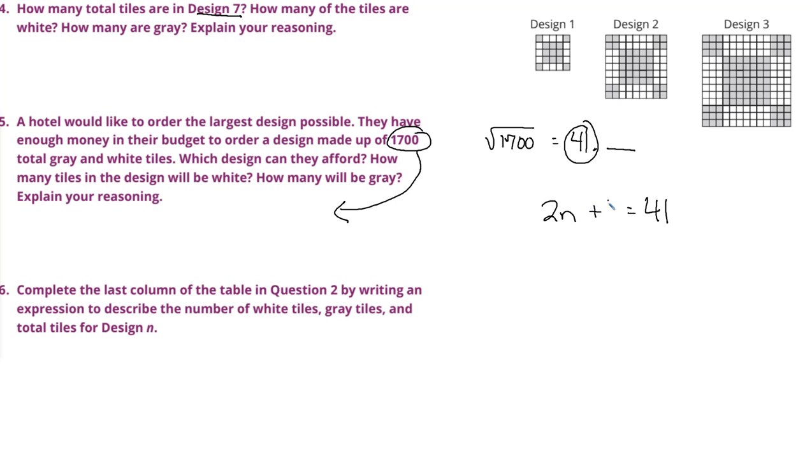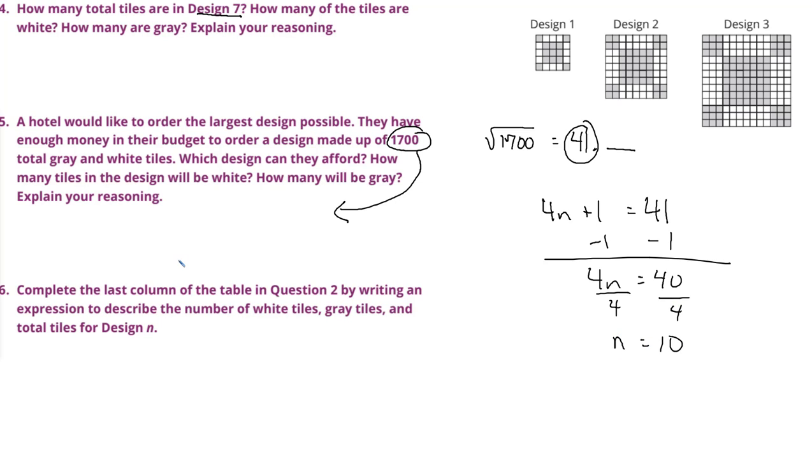Well, we know 4n plus 1 gives me my pattern number. Subtract the 1, divide by that 4, and then that would give me design 10 is the one I'd be wanting to plug it in. We've already done 6 by what we did on the chart.